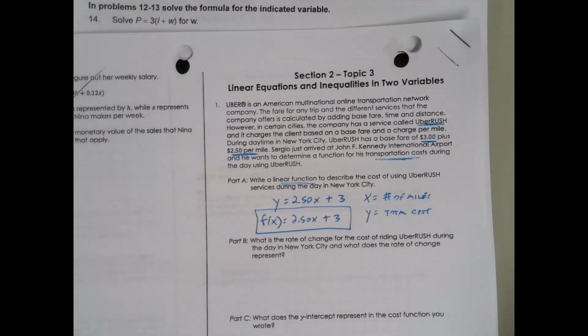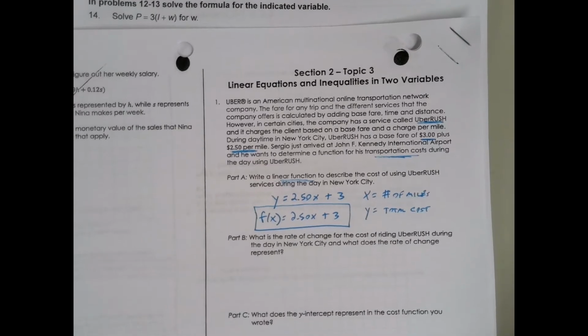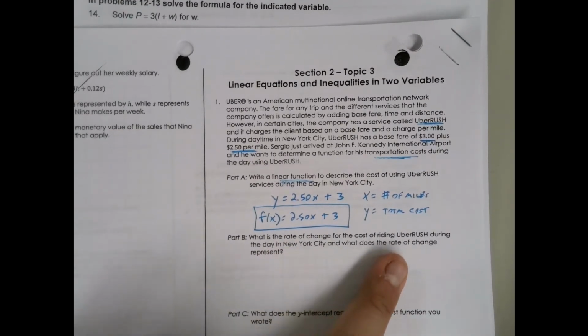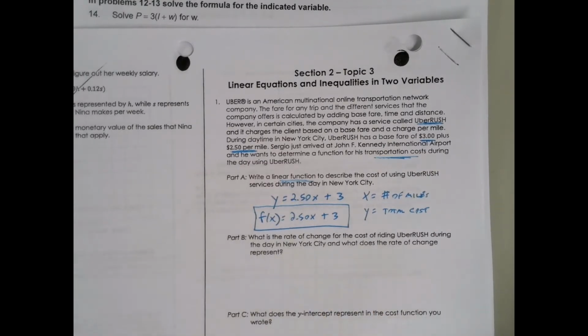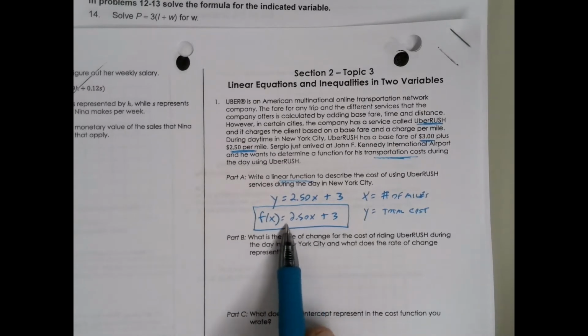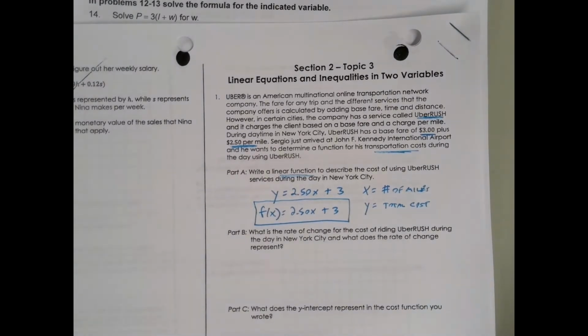Part B says, what's the rate of change for the cost of riding Uber Rush? And what does that rate of change represent? Well, look at your equation. What's the rate of change? That's a fancy word for the slope, right? So what does the rate of change represent?